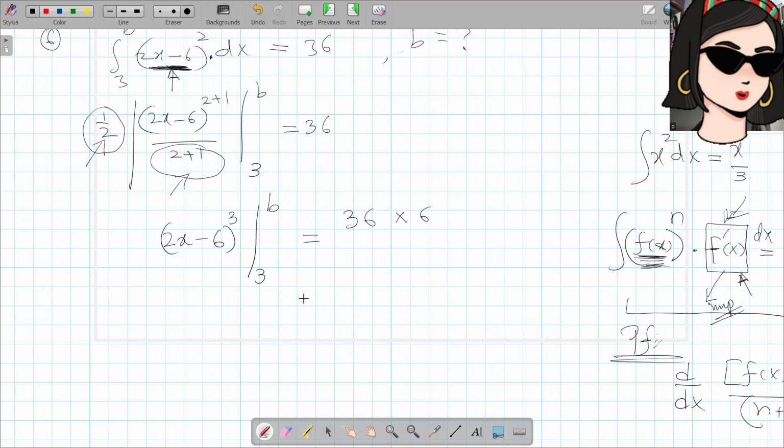Okay, so how much is this? Use your calculator and see how much is this. 6 times 36, we will have to put it here. And just apply the upper limit. So the upper limit will be 2b minus 6, and the lower limit will be 6 minus 6, which is 0.